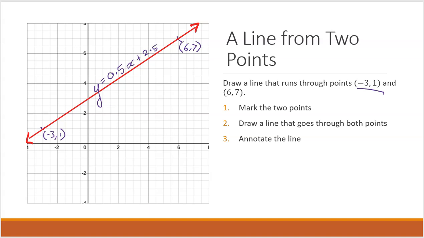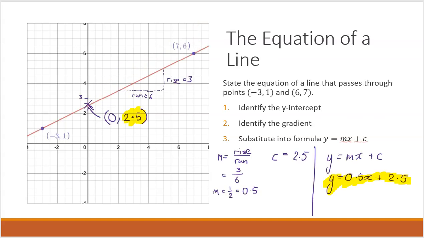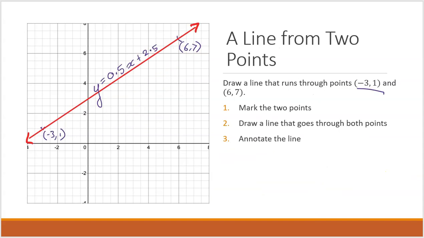So let me just double check that I didn't forget between here and there. Yeah, 0.5x plus 2.5 and 0.5x plus 2.5. So that is how we graph from 2 points on the line, and that is how we extrapolate the equation of a line by looking at the features.